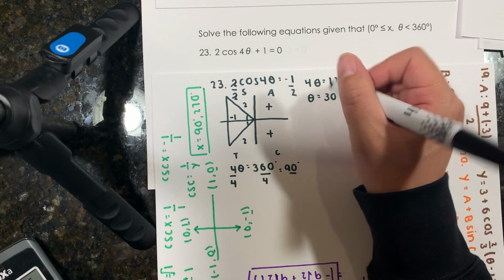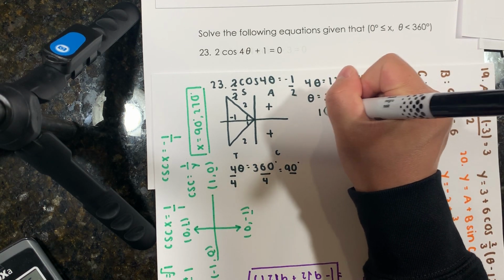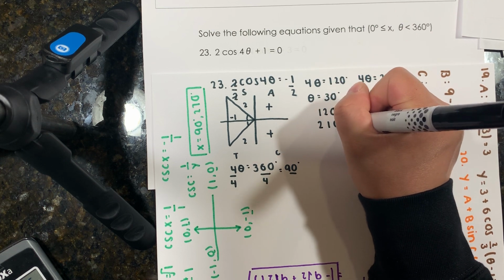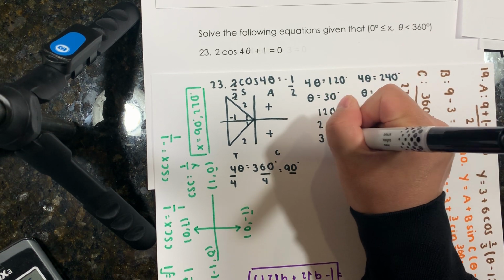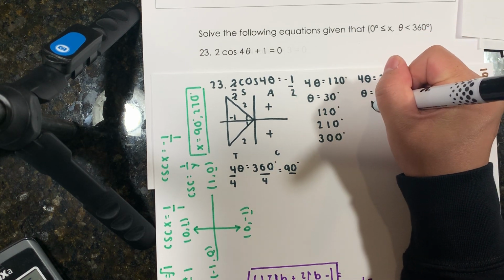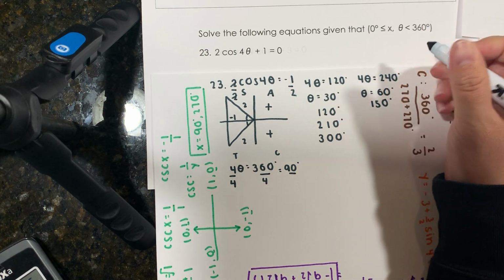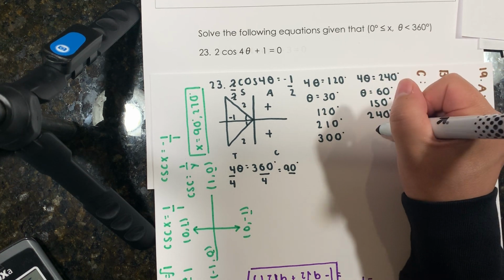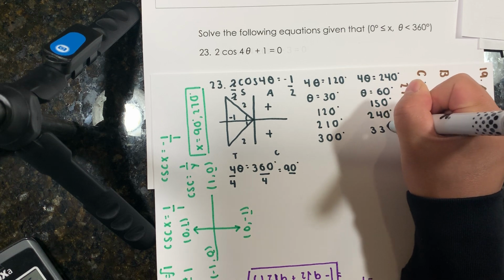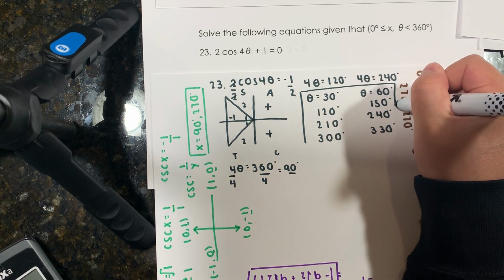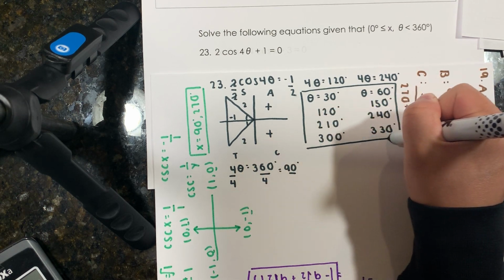So 90 plus 30 would be 120. 120 plus 90 would be 210. And then 210 plus 90 would be 300. 60 plus 90 would be 150. 150 plus 90 would be 240. And 240 plus 90 would be 330. And these would be your 8 answers that will satisfy number 23.